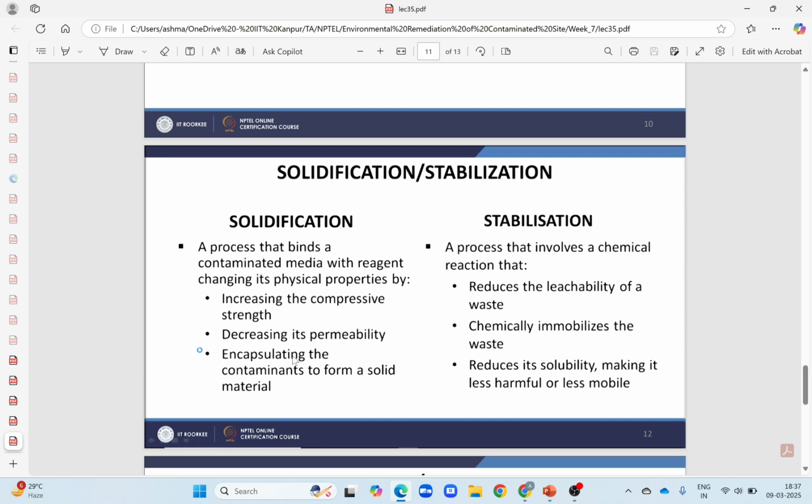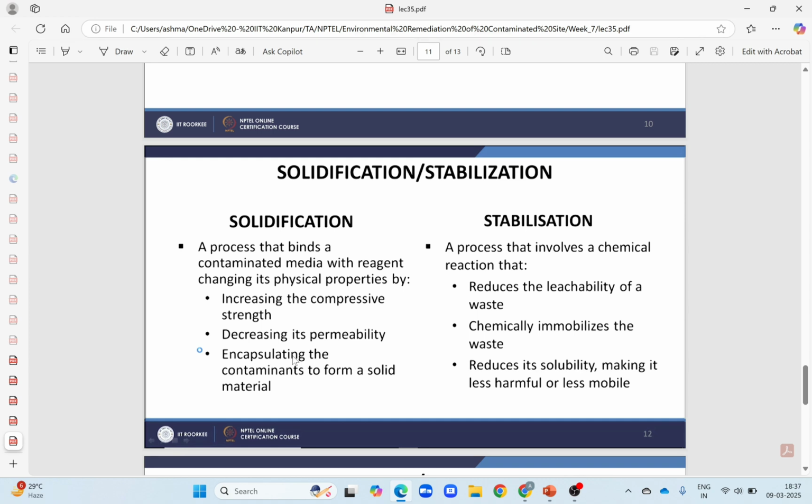Next is stabilization. So it involves a chemical reaction which reduces the leachability of the waste and it chemically immobilizes the waste. So suppose a soil is polluted with a pollutant, and what we want to do is not remove that soil and treat it. So what we want is to confine the contaminants in that particular soil. So we can add some stabilizing agent which will reduce the leachability of the pollutants in that soil.